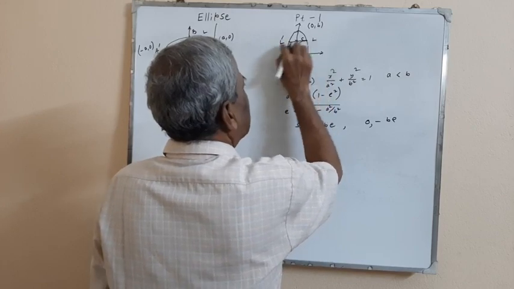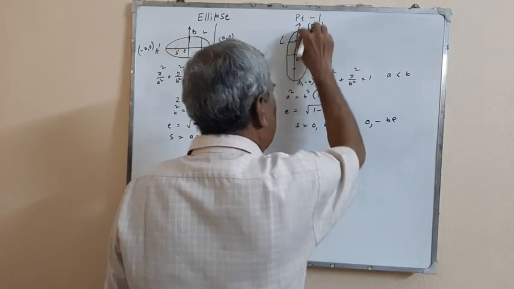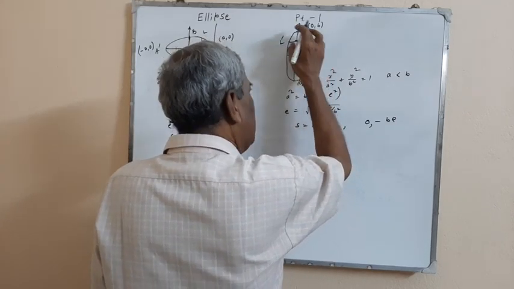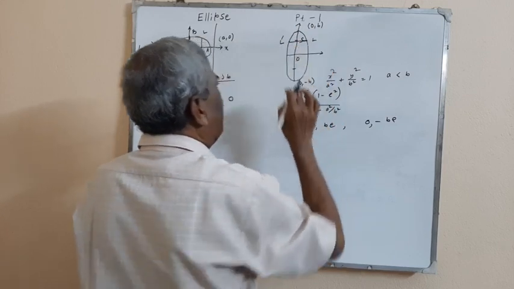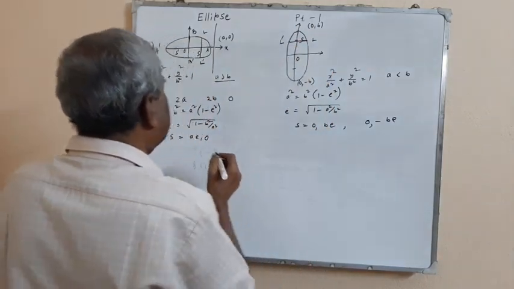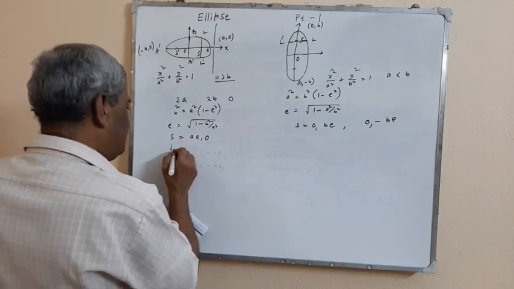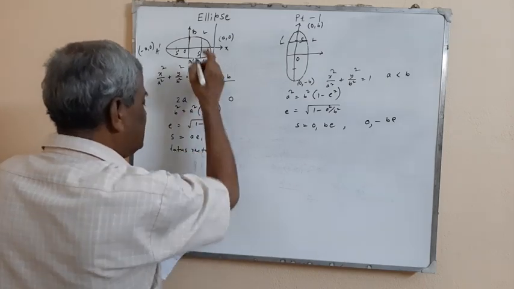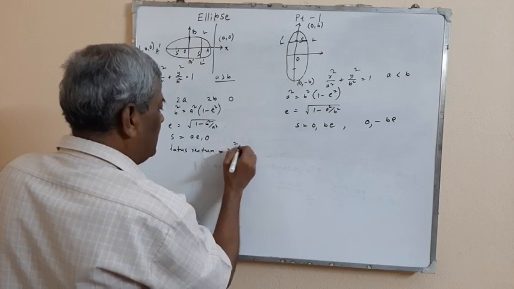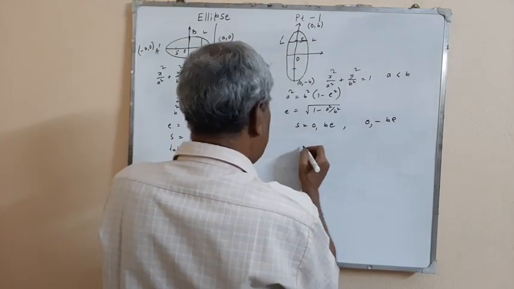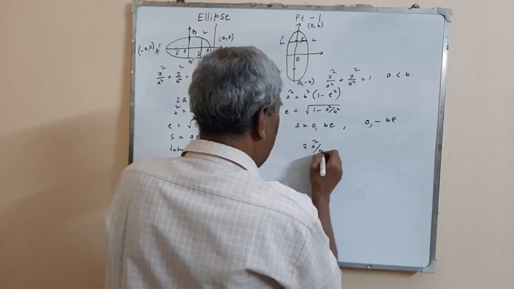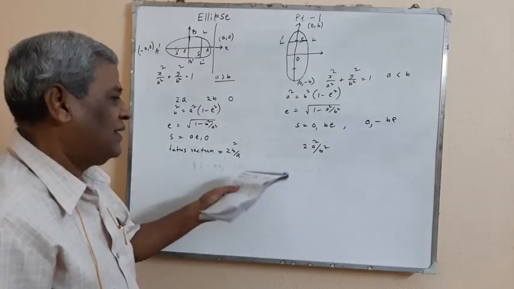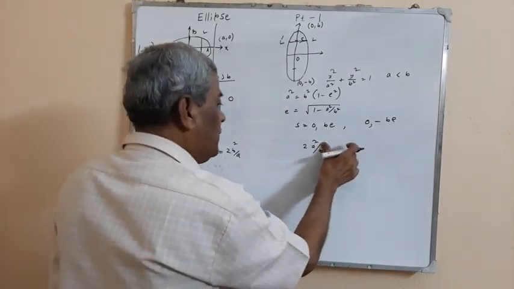Here also it passes through the focus perpendicular to the major axis and terminated on the conic at the points L and L dash. The length of the latus rectum for this case is 2 B square by A, and for this case it is 2 A square by B. Always you see, for these two cases, A and B are interchanged.